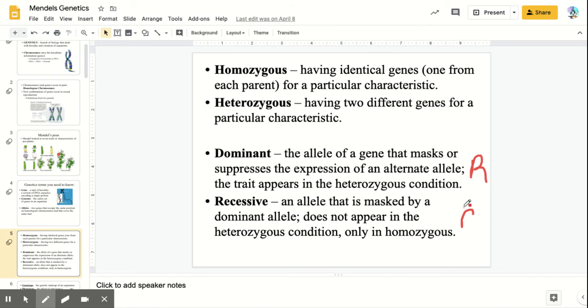We don't use a different letter. We use the same letter when we're talking genetics. Our homozygous, they're going to be the same. So I can be round, or I can be wrinkled. My heterozygous is going to be different, though.